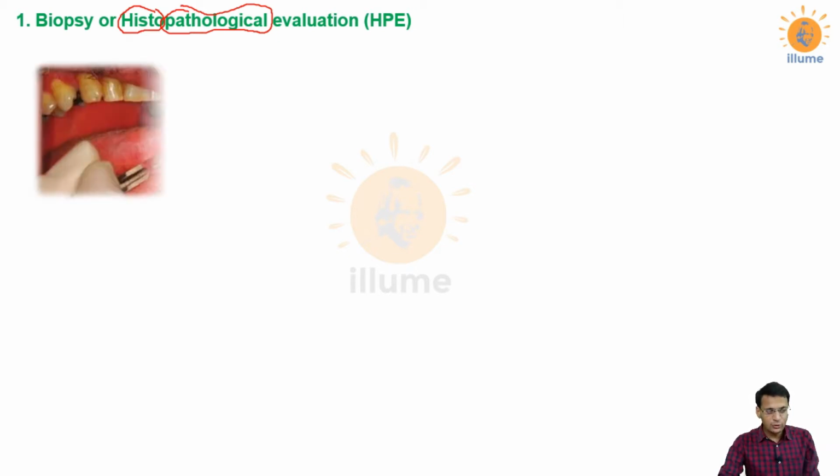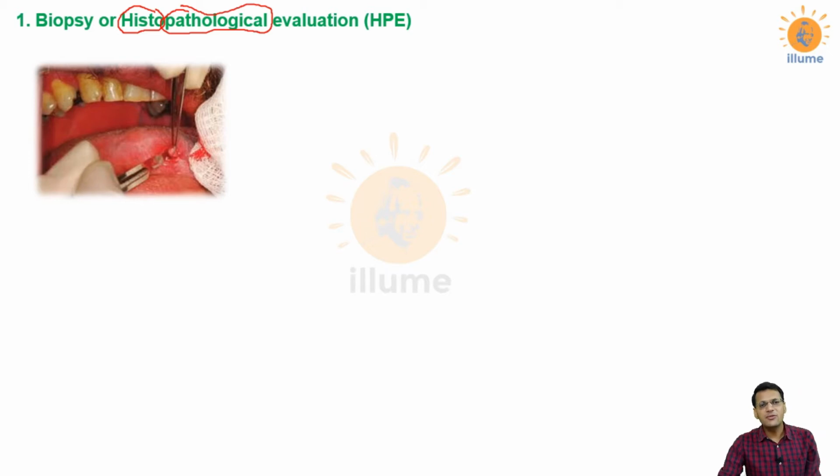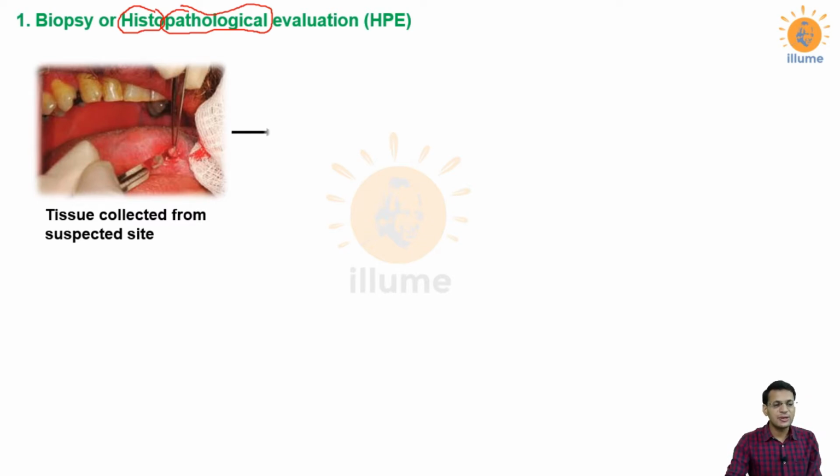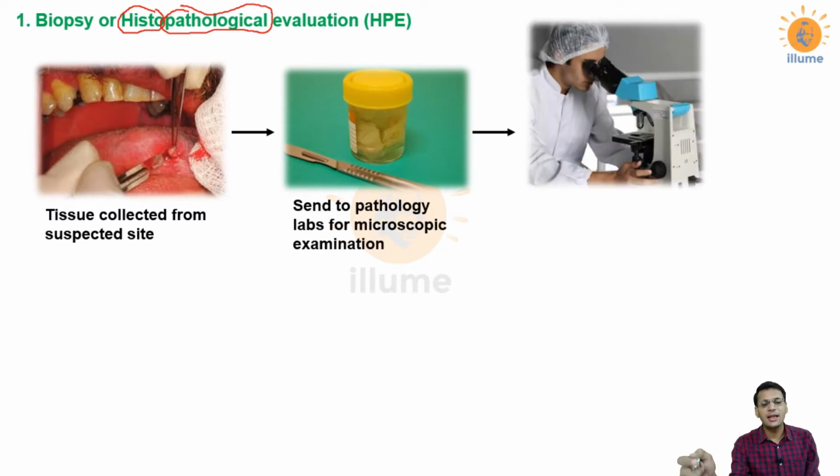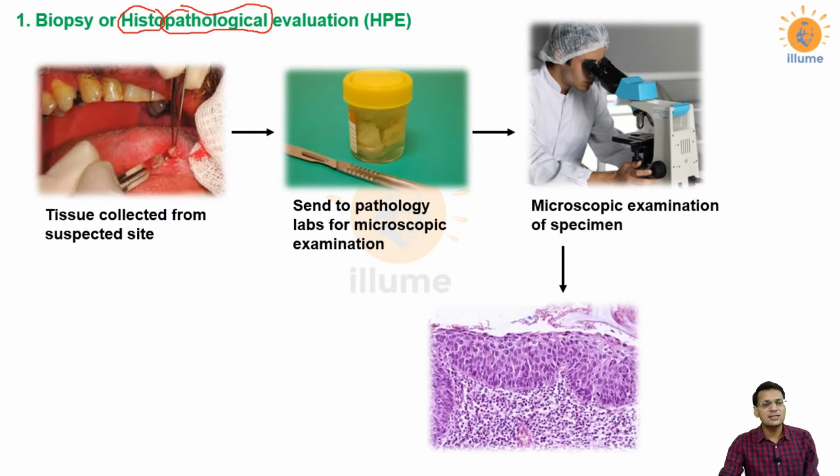In this, first of all, we examine the site which has the suspected lesion, and from that site we remove a piece of tissue. That is called the tissue specimen, which is collected from the suspected site, and this is then sent to a pathological lab where it is examined and analyzed under a microscope, and a slide is prepared.